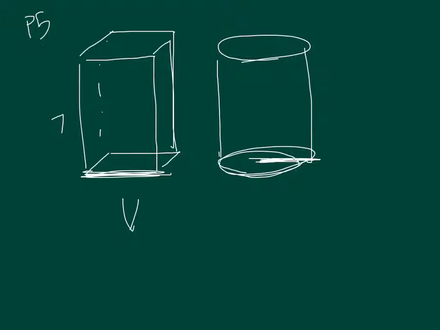So the volume of the square prism and the volume of the cylinder are exactly the same. So what would be the height of the cylinder? You don't have to find the base.